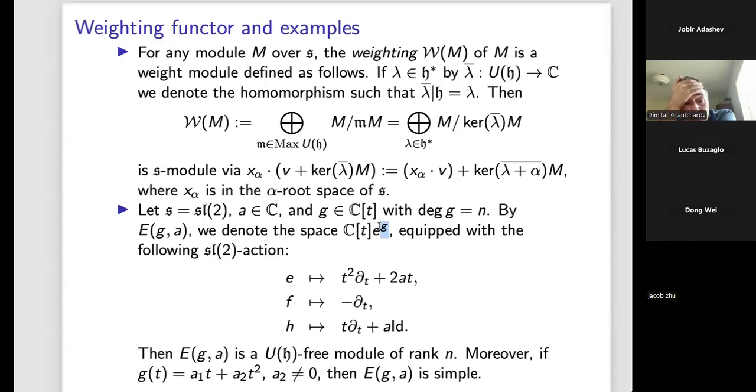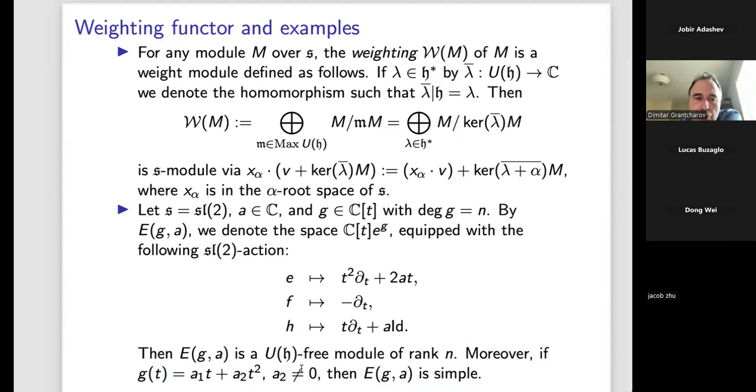And this will be discussed again later. It's interesting to know that if we have, for example, degree 2, this module is simple. I think this can be generalized for degree n. Again, I will mention this later in more detail. This is something which we're absolutely sure about.